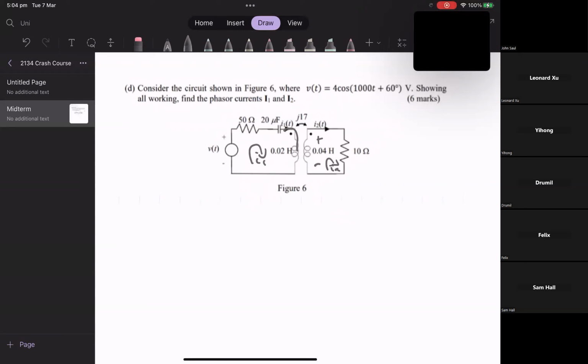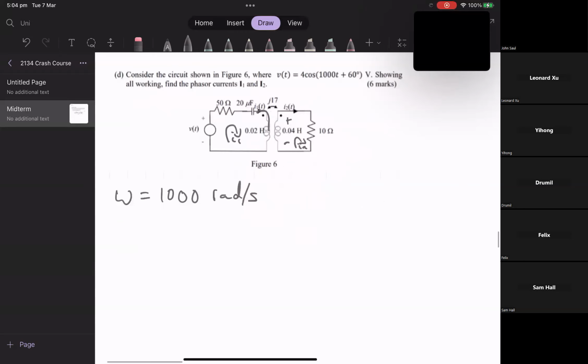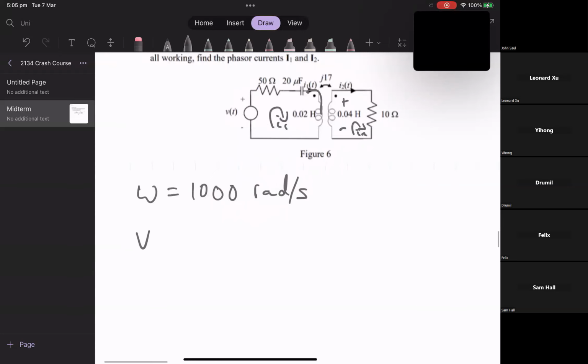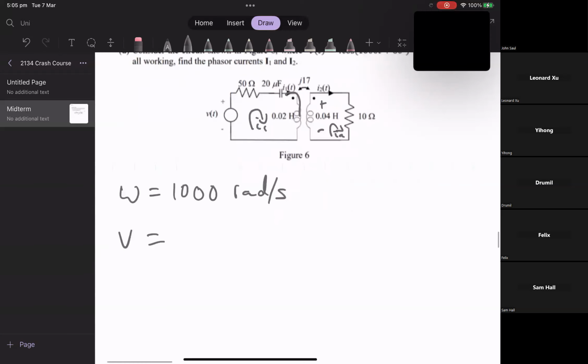You're absolutely correct. Omega would be 1000 radians per second. And we know that we have a phase angle of 60, so the source is 4 at angle 60 degrees.